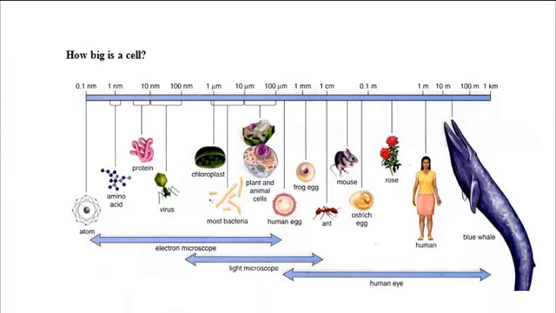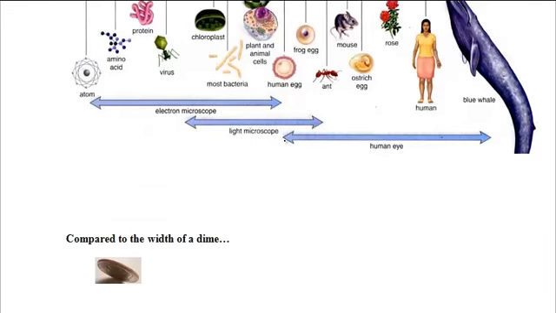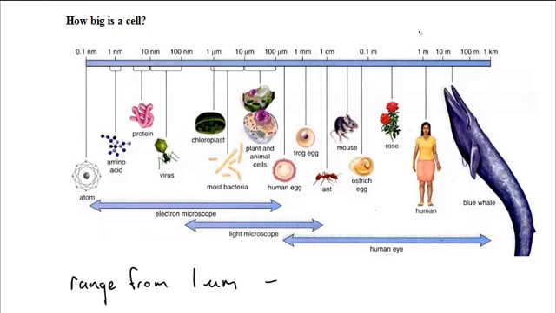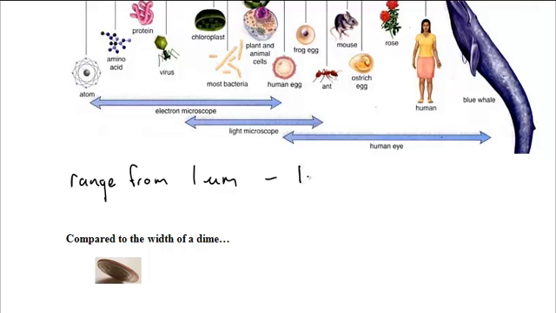So if we're going to study cells, it's a good idea to put in perspective how big one is. And they really do range in size from bacteria, some of the smallest cells being about 1 micrometer in size, all the way up to nerve cells, which they don't show on here, but fit in about here, and some muscle cells, which are up to 1 meter in size.